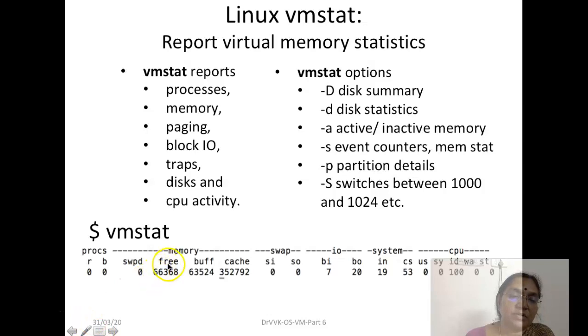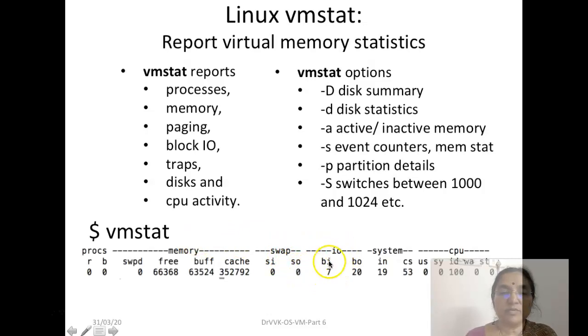Free is about free memory, how much memory is used for buffer, and how much memory is used for cache. Swap is all about the disk, how much memory is swapped in from the disk, and how much memory is swapped out to the disk.